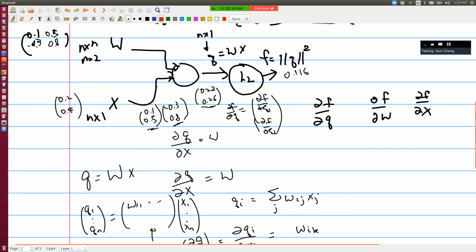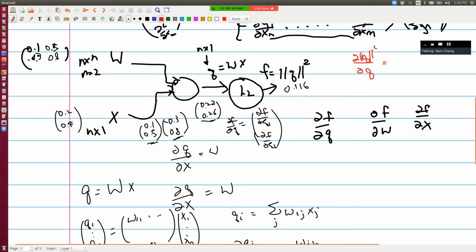The local derivative for this will be partial of q squared with respect to q, which is q transpose q differentiated, and that gives 2q.